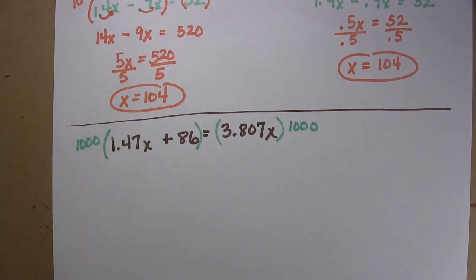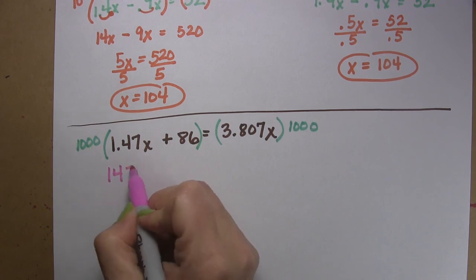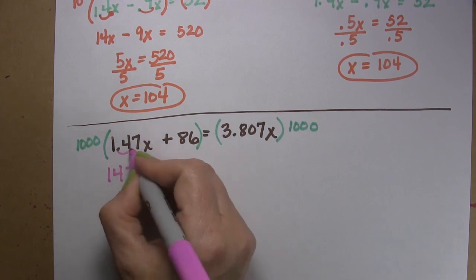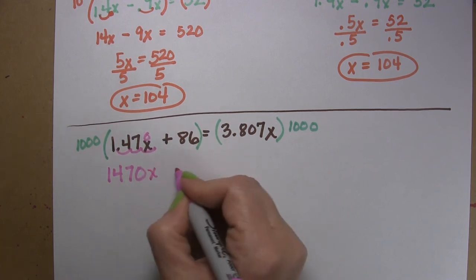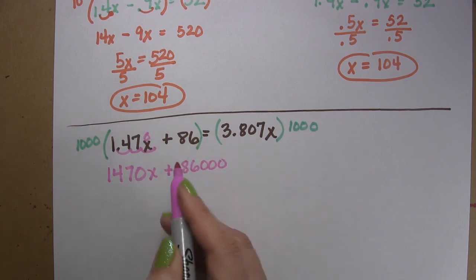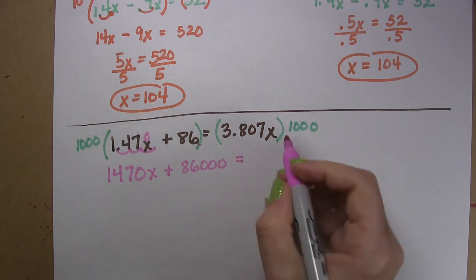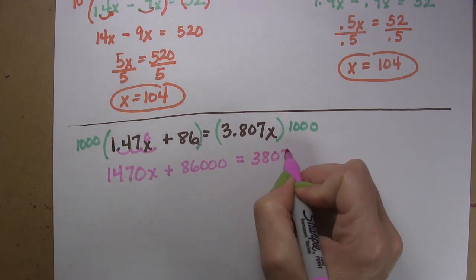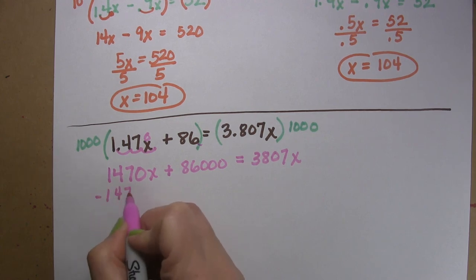So now our new equation is going to be 1470x, because we move it 3 places, so we have one more 0 in there, plus 86,000, because that gets moved 3 more places, equals 3807x.